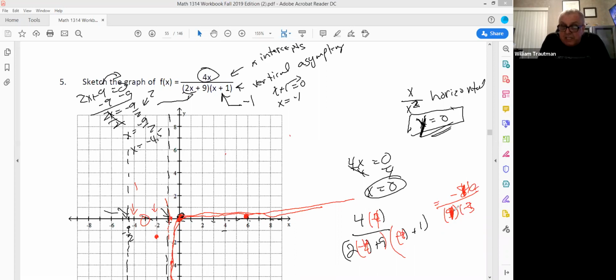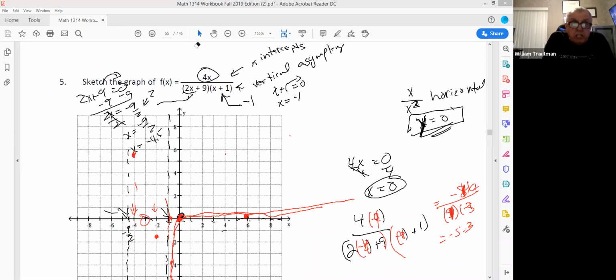So I get -16 divided by -3, and I get 5.3. So at -4, we get 5.3. 5.3 is about right here.